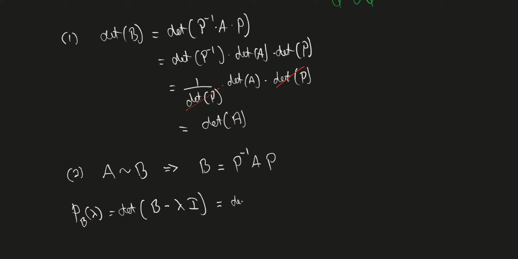It's not going to look necessarily pretty, but as I say, beauty is in the eye of the beholder. So I'm going to put P inverse A P in for B, and then I'll have minus lambda I.